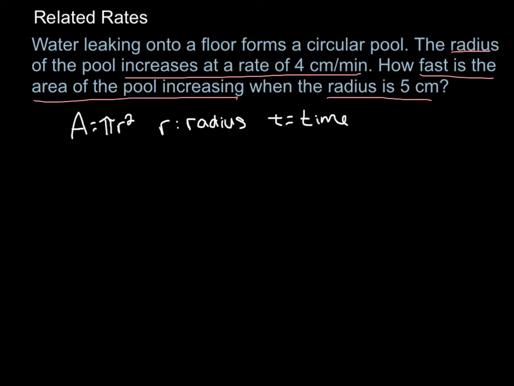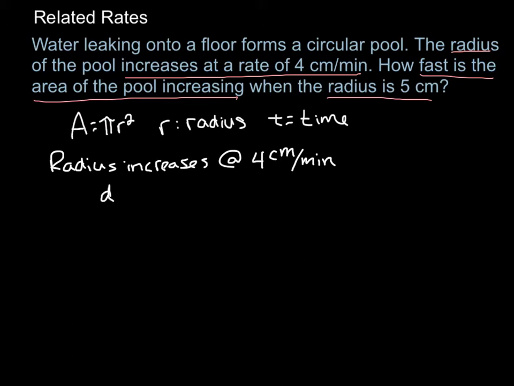Now what else do they give us? They give us the rate at which the radius of the pool is increasing. So the radius increases at 4 centimeters per minute. When we're talking about a rate at which something increases or decreases, we're talking about the derivative.